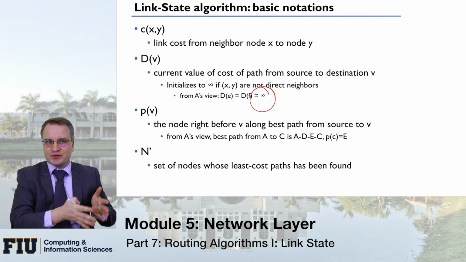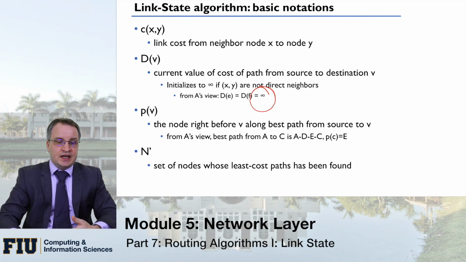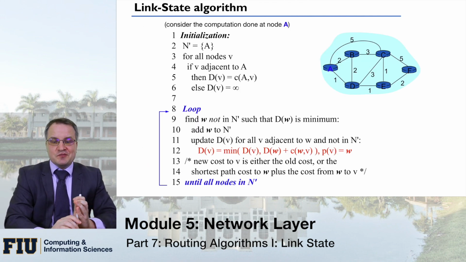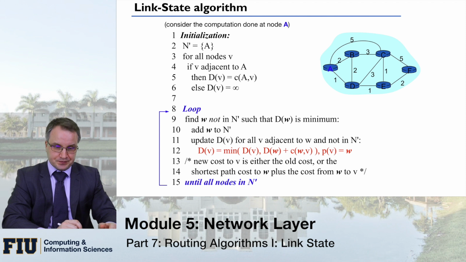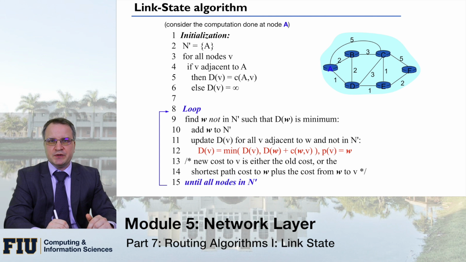So the ones that we already considered, and the ones for which we still need to calculate the shortest path. So let's get to the algorithm, and we'll try to do a small exercise to understand it. First of all, this is the link state algorithm, and there are a few tutorials you can look up online, maybe with some additional animations, and even Wikipedia potentially has some animations.